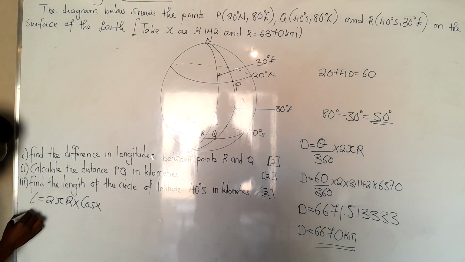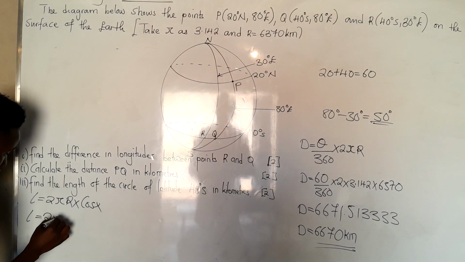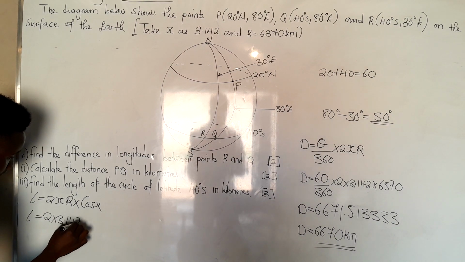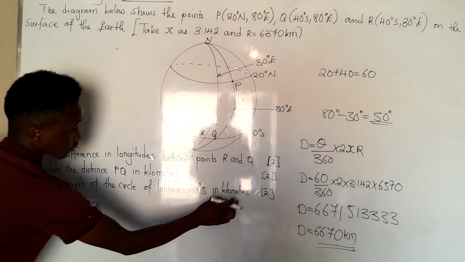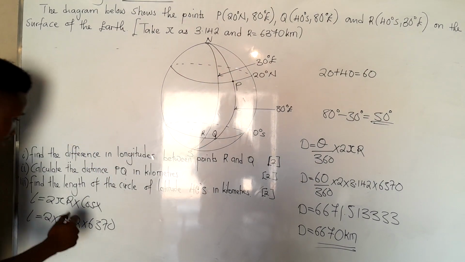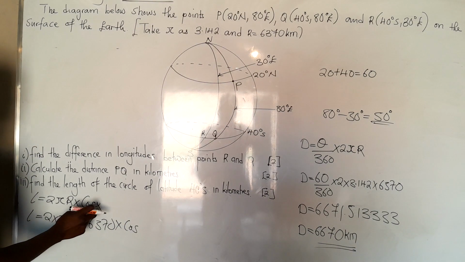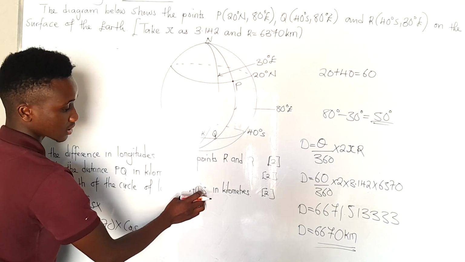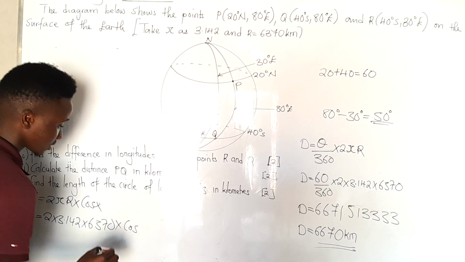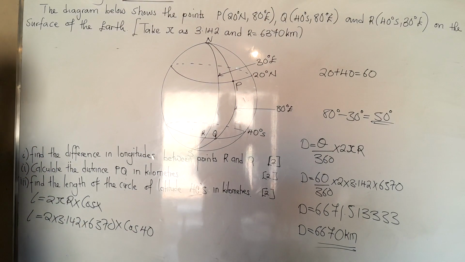So we start now checking. 2 times our pi is 3.142. Then our radius is 6370. They've said in kilometers, so we are using the same radius. Then times cos x. It is the one that is given in the question. So they've said 40 degrees south, so we're just getting 40 degrees. So times cos 40.